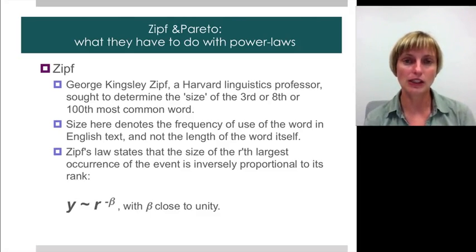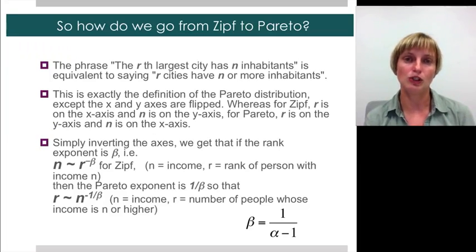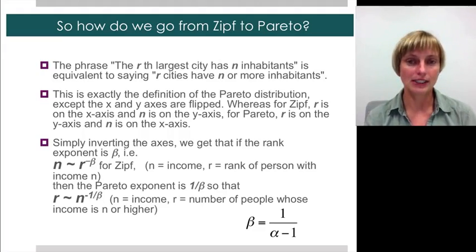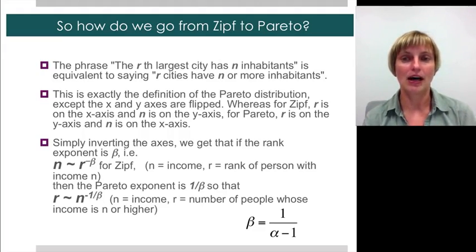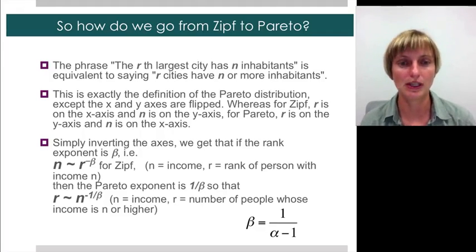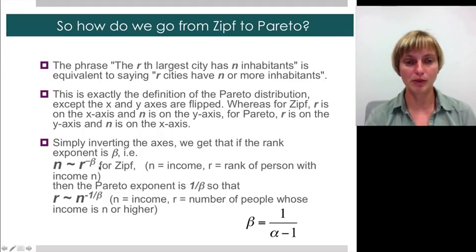And you can actually match the two exponents, because saying the rth largest city has n inhabitants means that r cities have n or more inhabitants, right? All the others are smaller. So this is in fact our cumulative distribution. And so you can flip things around and find that beta is actually equal to 1 over alpha minus 1.